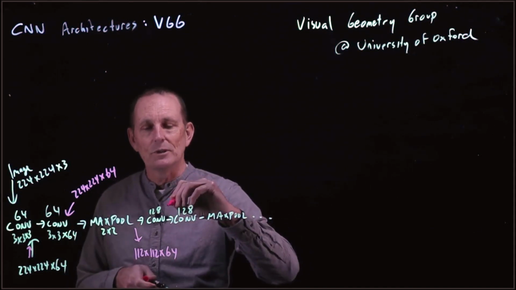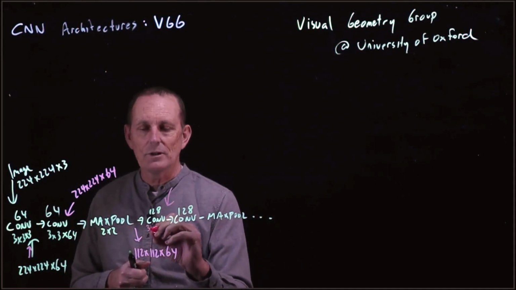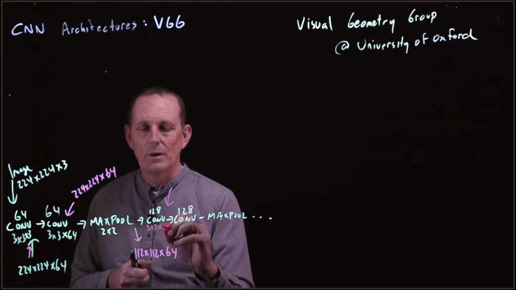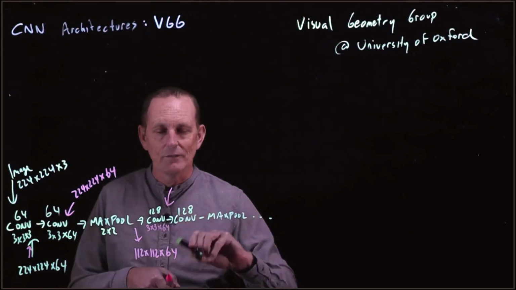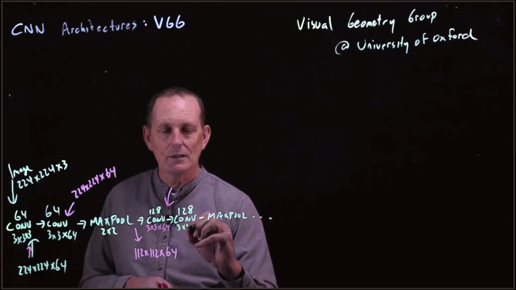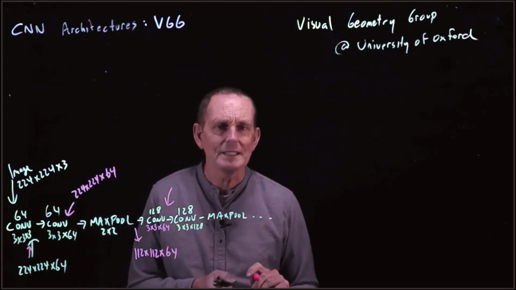Now these are going to be 3 by 3 by 64, because that is the input size. This convolution is going to be 3 by 3 by 128. Why is that?